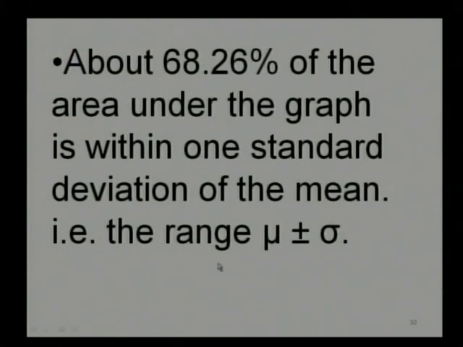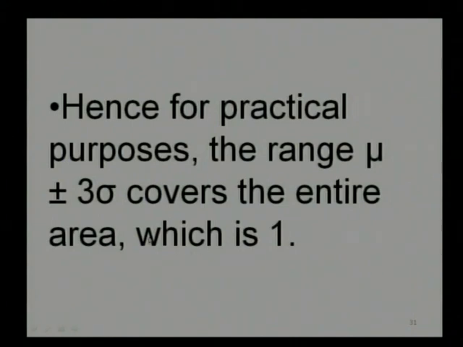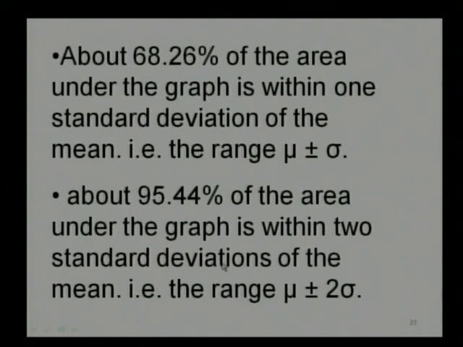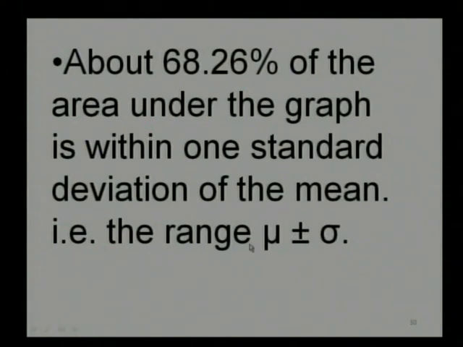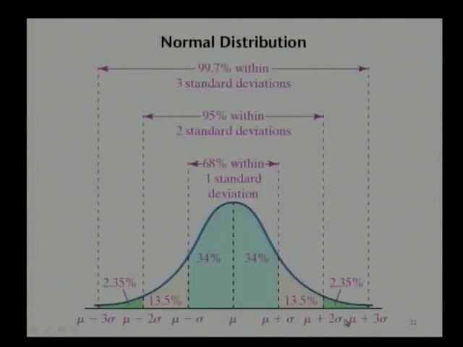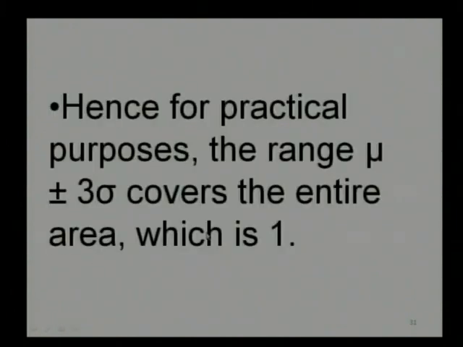Similarly, about 99.72% of the data will fall within the mu plus or minus 3 sigma range. You can see that almost all data is covered within the 3 sigma range.